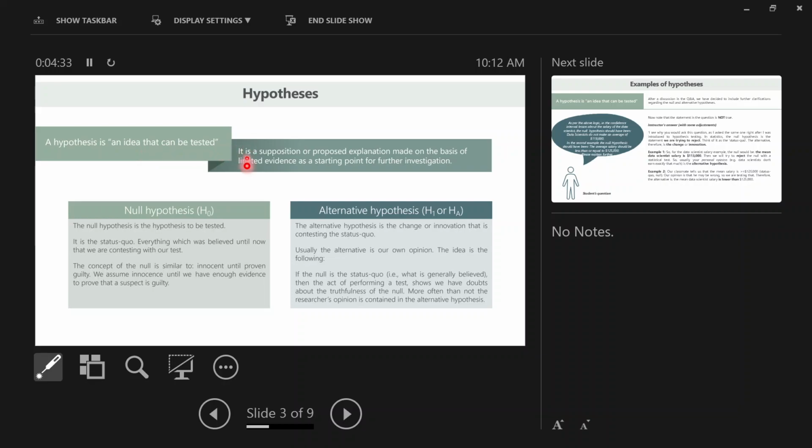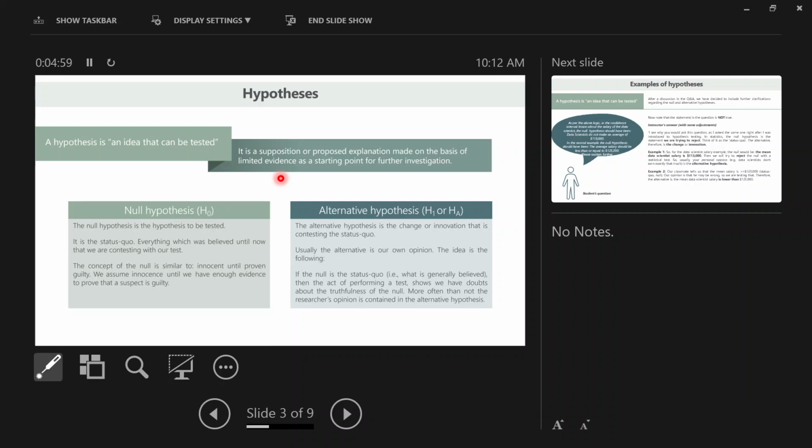It is a supposition or proposed explanation made on the basis of limited evidence as a starting point for further investigation. It is just something that you say, but you can go further, do more research and justify if it is true or not. That's what a hypothesis is.